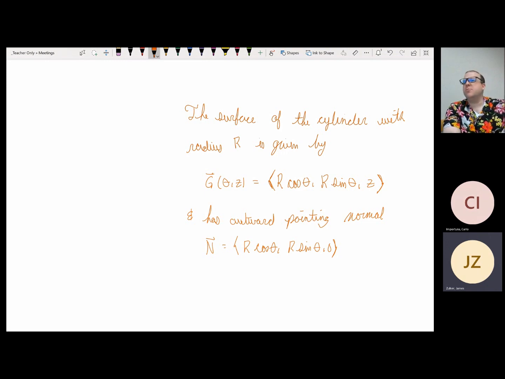I don't remember if I derived that normal vector. So since I'm not sure if I derived that normal vector, I'm just going to do the calculation for this problem to find the normal vector. But that would be the normal vector for a cylinder.